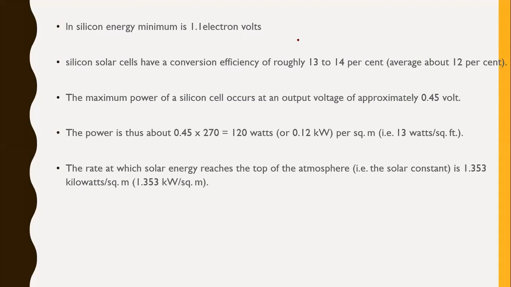Photovoltaic semiconductors with conversion efficiencies up to 25% or more exist. An example of this is gallium arsenide. So these photovoltaic semiconductors have conversion efficiencies of about 25%, but it is uncertain if the extra conversion efficiency can compensate for the additional cost.